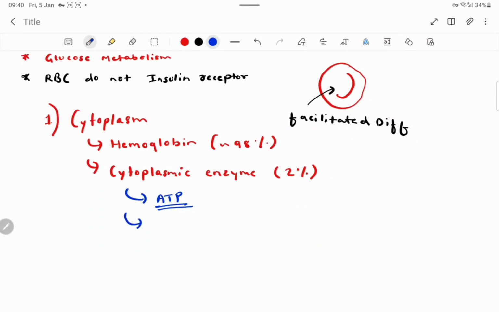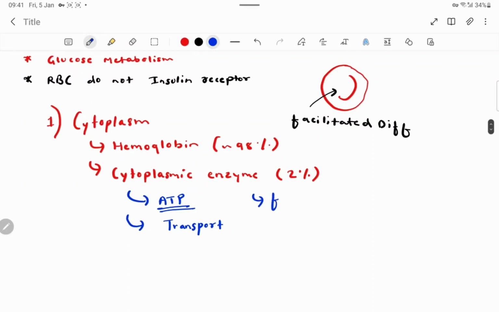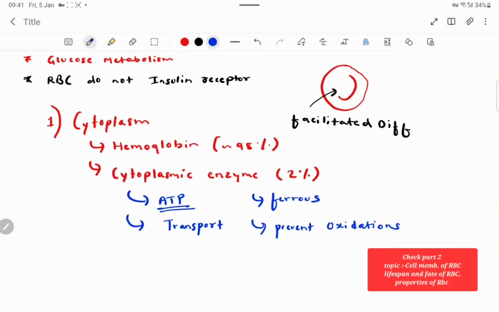Also, cytoplasmic enzymes maintain membrane transport of ions. So besides making ATP, they have several other functions, like they keep the iron of cell hemoglobin in ferrous form rather than ferric form. And the last function is that it prevents oxidation of proteins in the RBCs. So these are the 4 functions of these cytoplasmic enzymes.